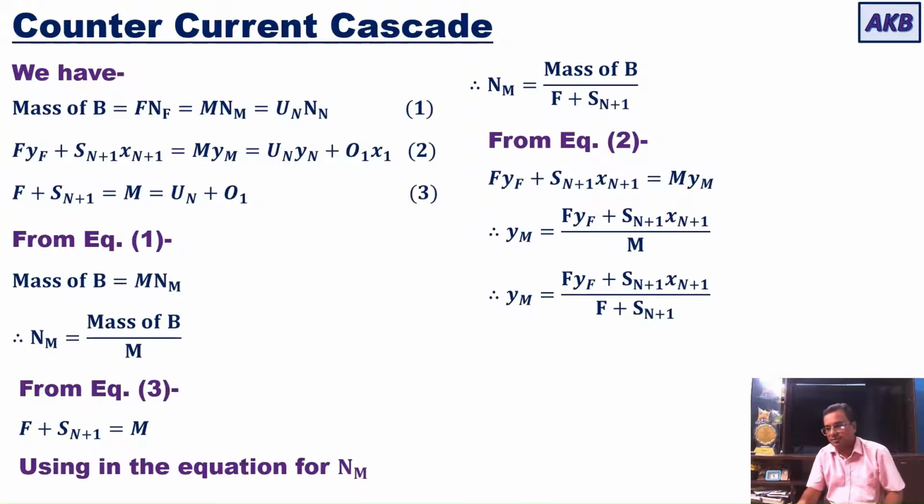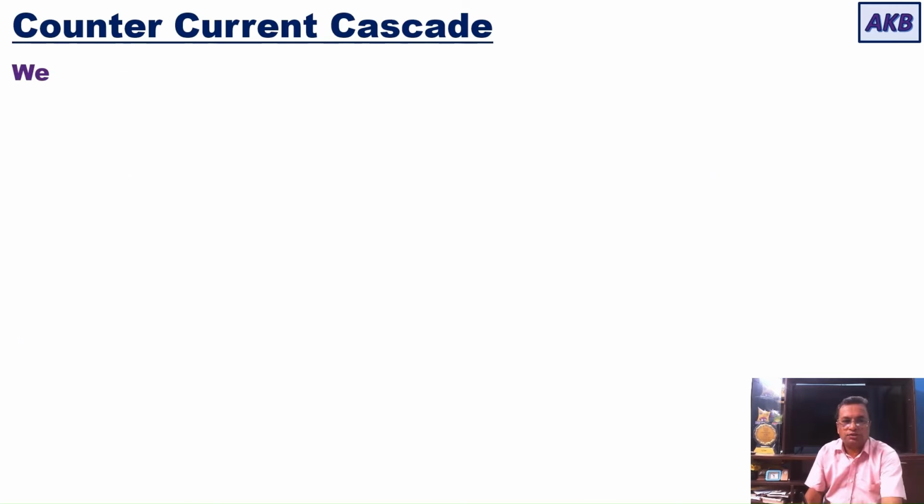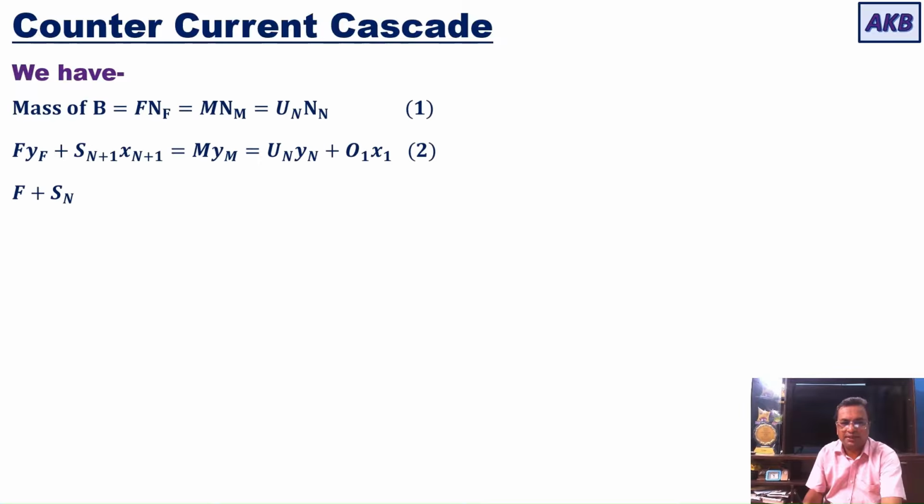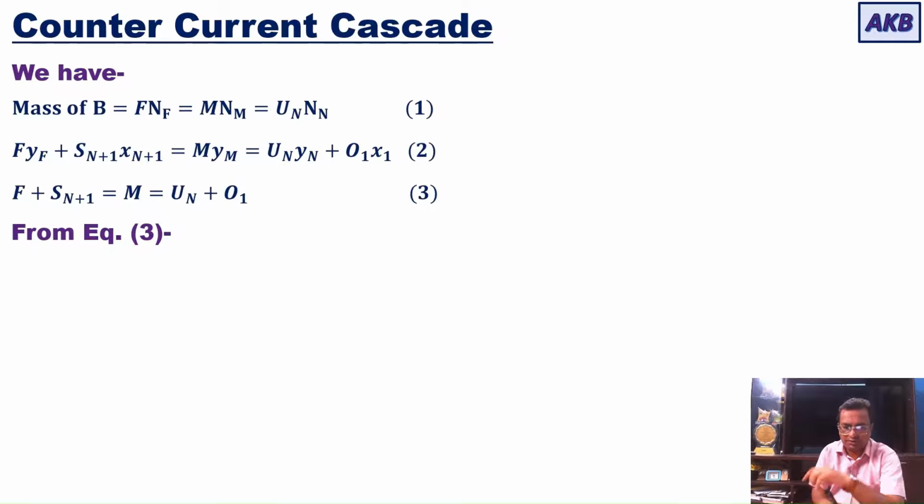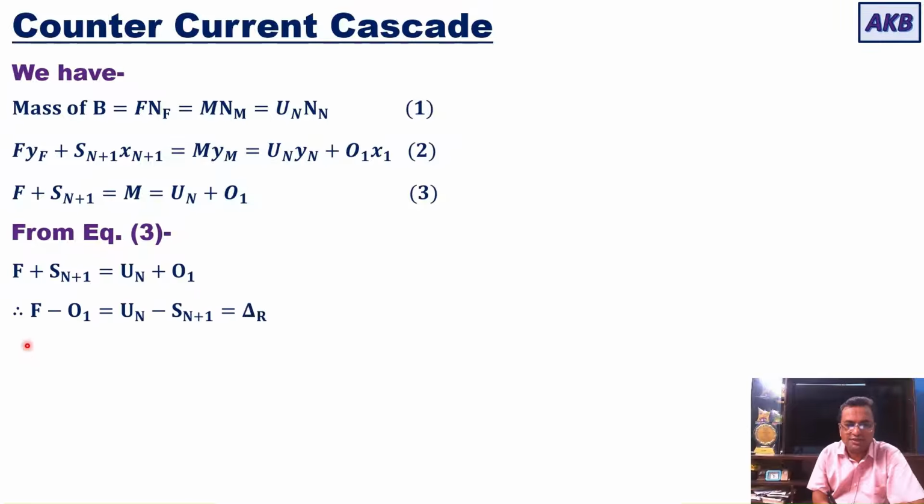Let us move ahead. Okay, so we have those three equations. I'm taking them in my discussion once again. Now from equation number 3, you can write F plus Sn plus 1 is equal to Un plus O1. Let me rearrange it in this way.